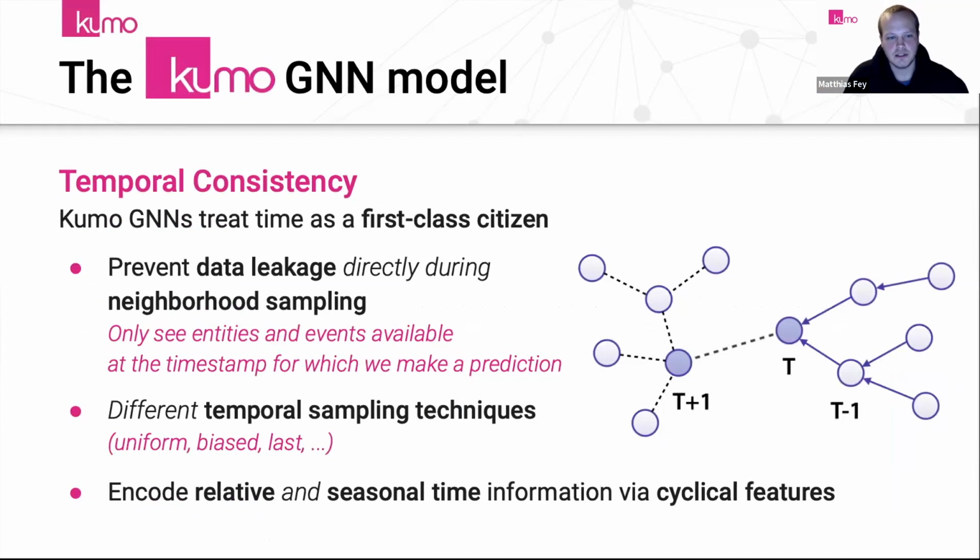Next, I want to quickly highlight the two main concepts we use in our Kumo GNN, and that would be temporal consistency, which means that Kumo GNNs treat time as a first-class citizen. We have our materialized graph, and that graph stays static, which means that if we want to obtain mini-batches from it, we need to prevent data leakage directly during neighborhood sampling.